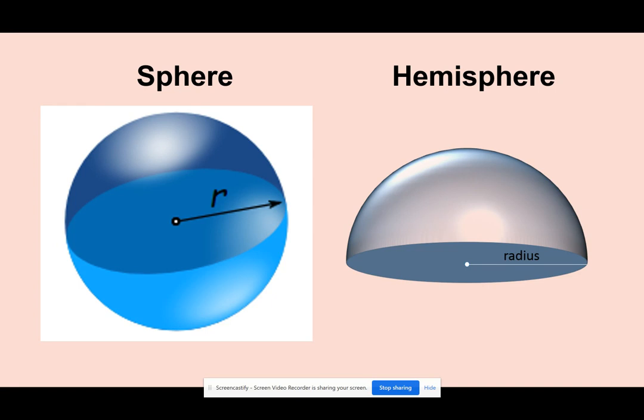You know how we have the northern hemisphere and the southern hemisphere? So North America is in the northern hemisphere. So that is if we were to slice the earth in half right at the equator, okay? So whenever we're talking about hemisphere, we're going to use our sphere equation, but we're going to divide it by 2 because it's not the whole thing, it's half of it.